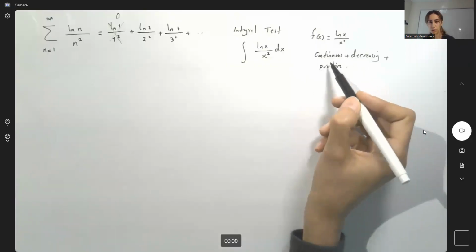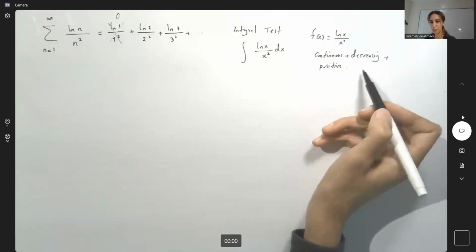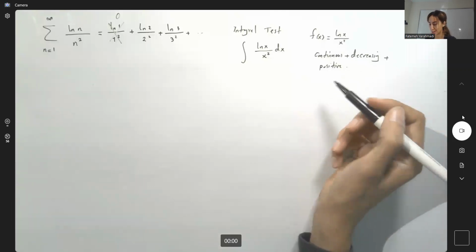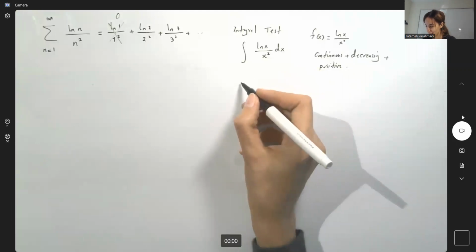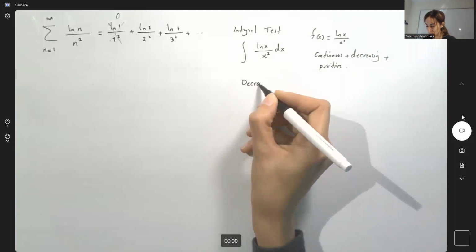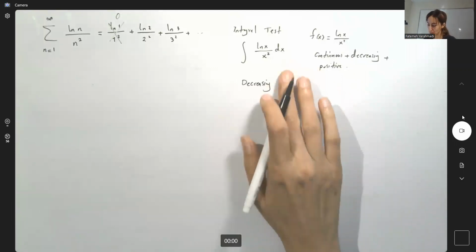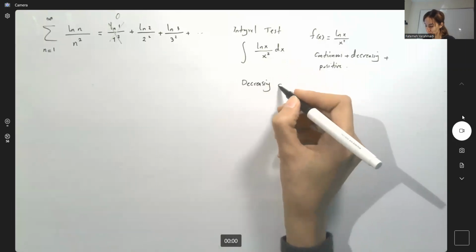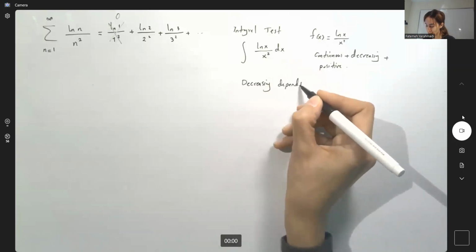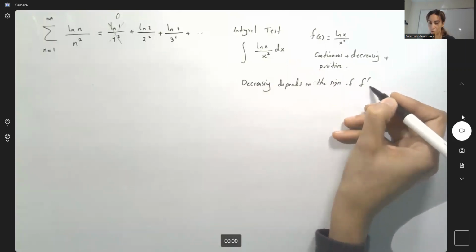Of course, it's continuous. Of course, it's positive, but for the decreasing part, well, what is that? To analyze being increasing or decreasing, we're going to take the derivative of the function. Decreasing depends on the sign of the derivative of the function.